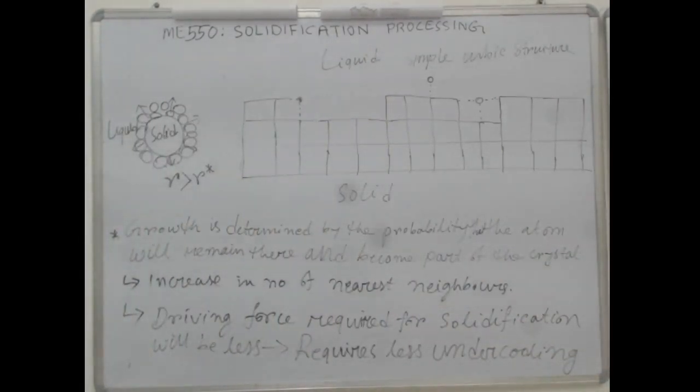So you need less undercooling for solidification. So if the surface is not atomically flat, these are the few points you have to remember.